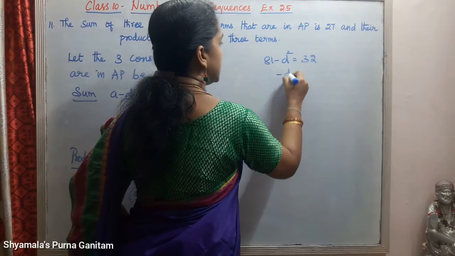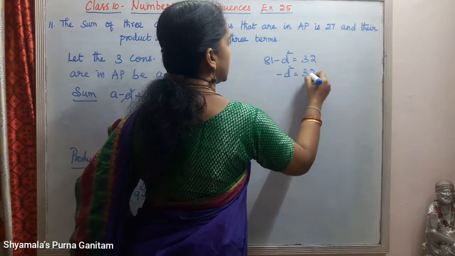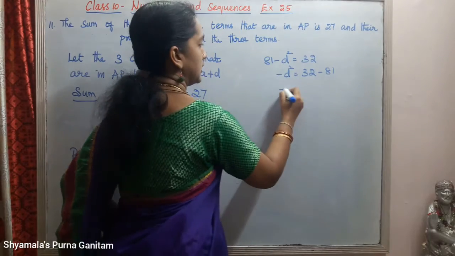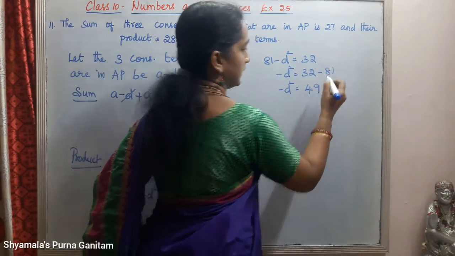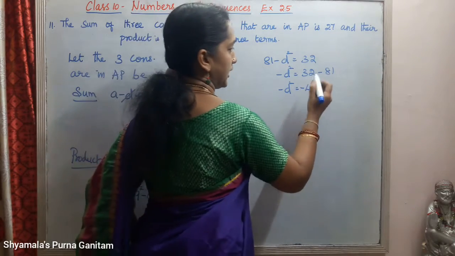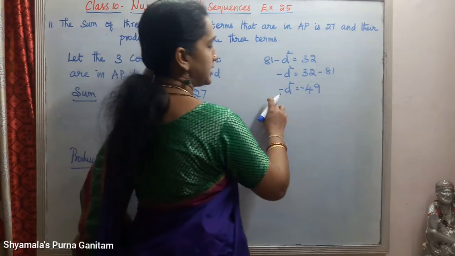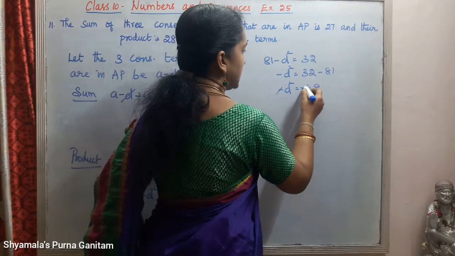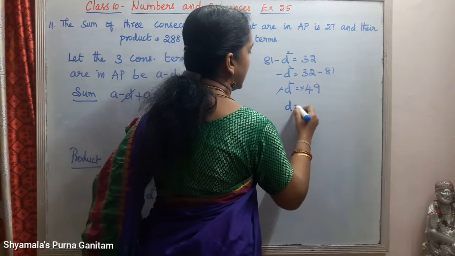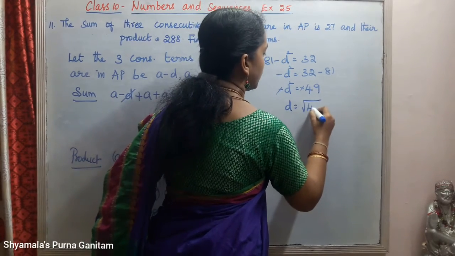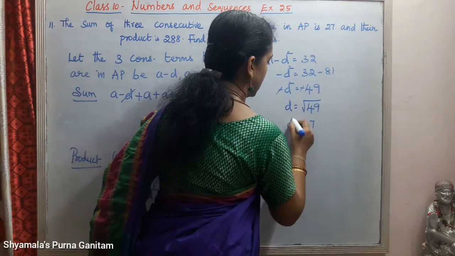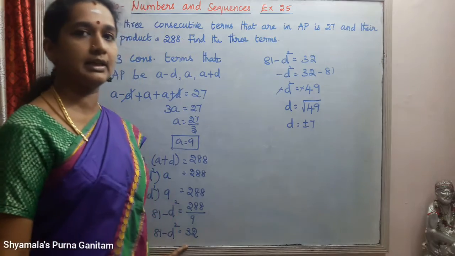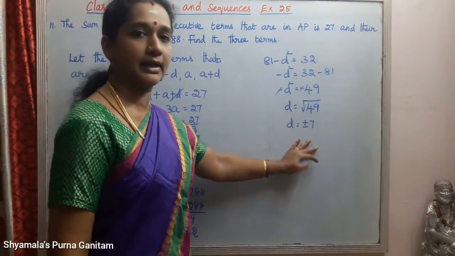So minus D squared is equal to 32 minus 81. So minus D squared is equal to minus 49. So minus will get cancelled. So D is equal to root of 49, that is equal to plus or minus 7.